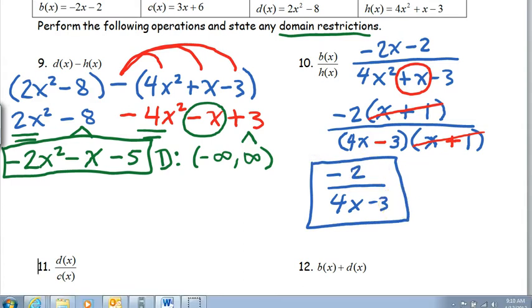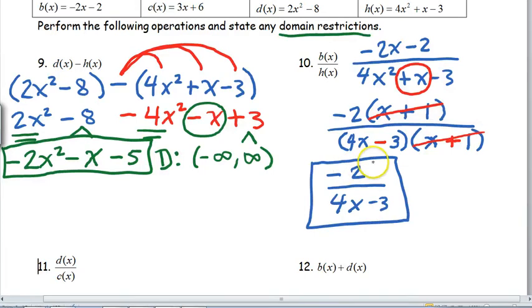Okay. Now, the domain. Again, even my geniuses better pay attention, because this is slightly different than what we've had before, just a little bit. Looking at the final answer here, you can probably see that we're going to have some sort of restriction, because we have a denominator with an x in it, and we have to avoid 0. Now, what do I do to make sure to find the number that I have to avoid?